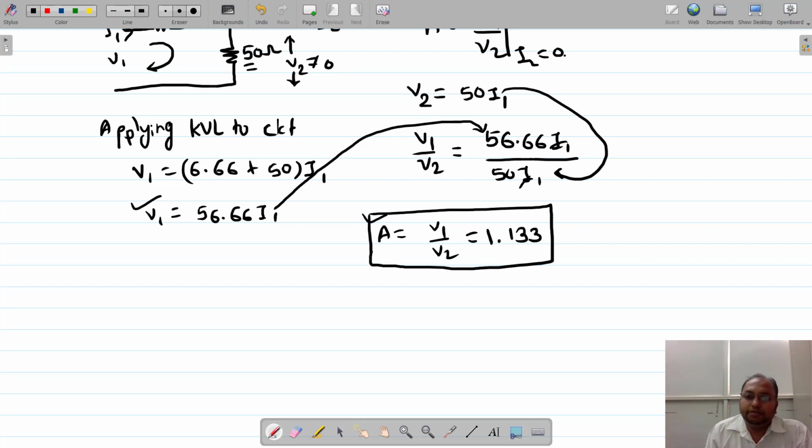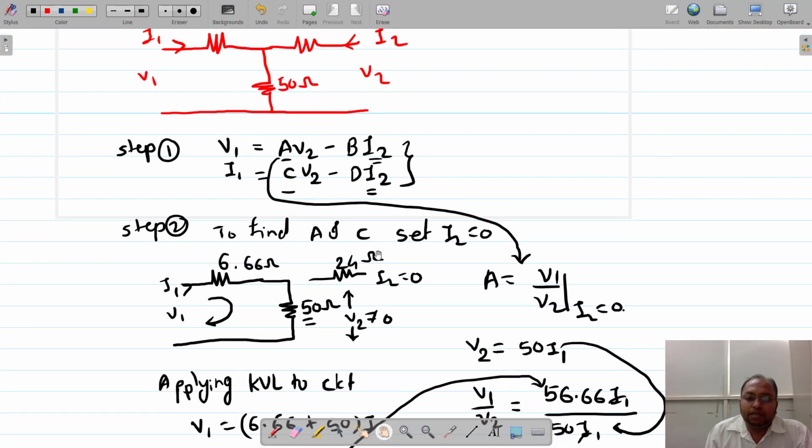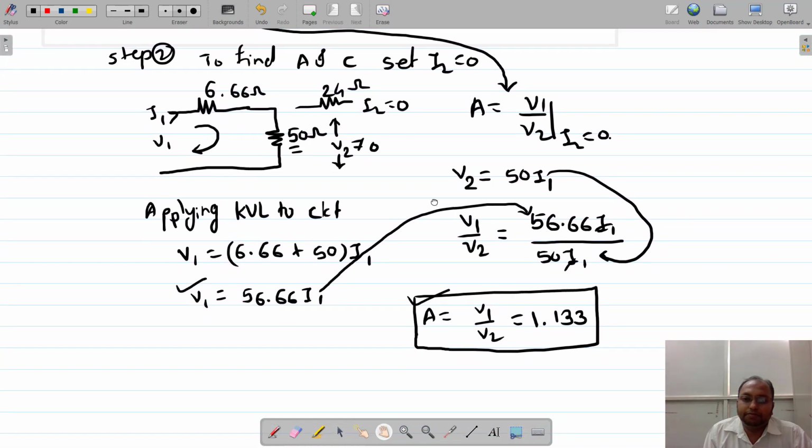Is that fine? Great. Now let us discuss how to find C. C is the ratio of I1 to V2, right? From which equation can you get it? From the equation V2 is equal to 50 I1.